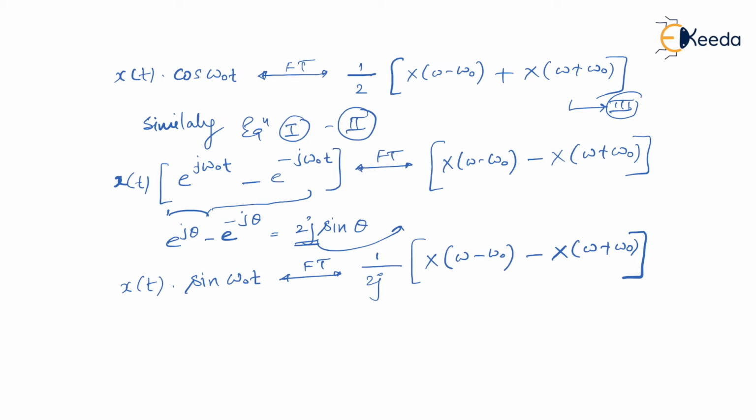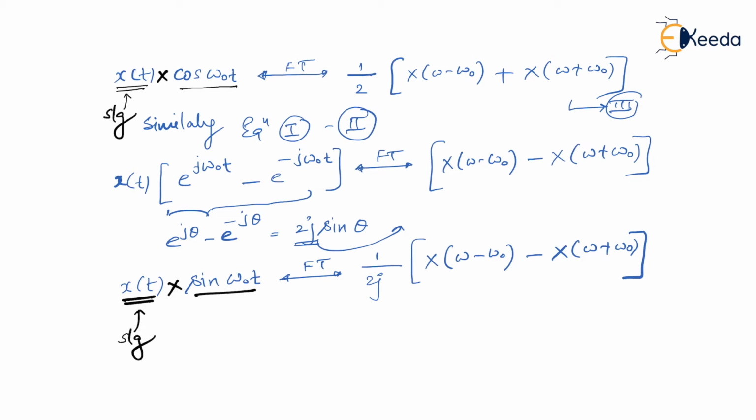Is that right? So what I really mean to say is, over here, x of t is your signal, am I right? And you are multiplying with some cos signal. In the second case, again you have x of t as your signal, and now you are multiplying with sine omega naught t.